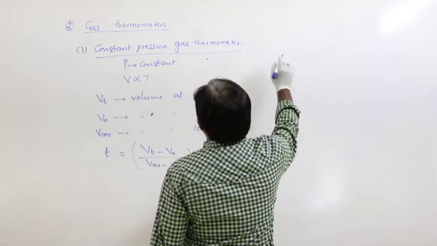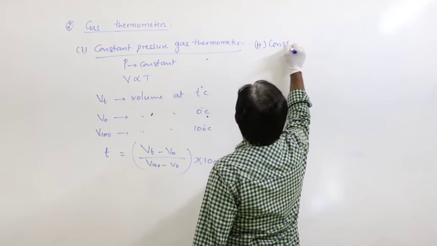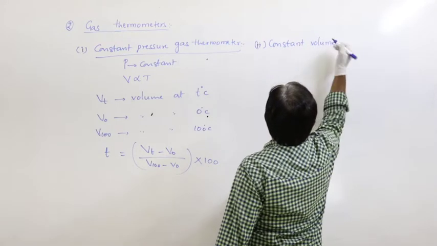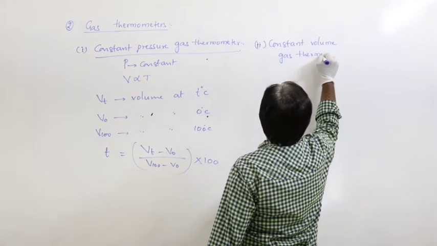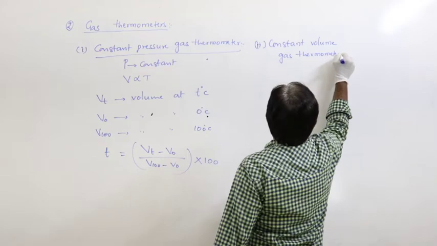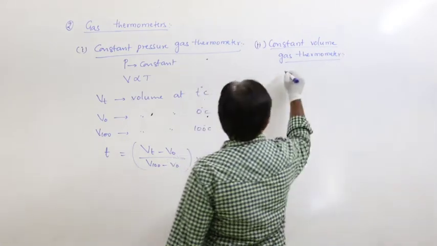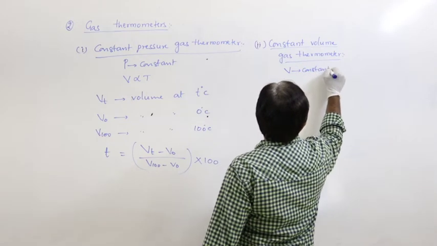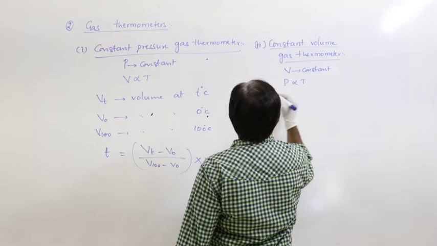In the same way, second is the constant volume gas thermometer. Here the volume remains constant and pressure is directly proportional to temperature.